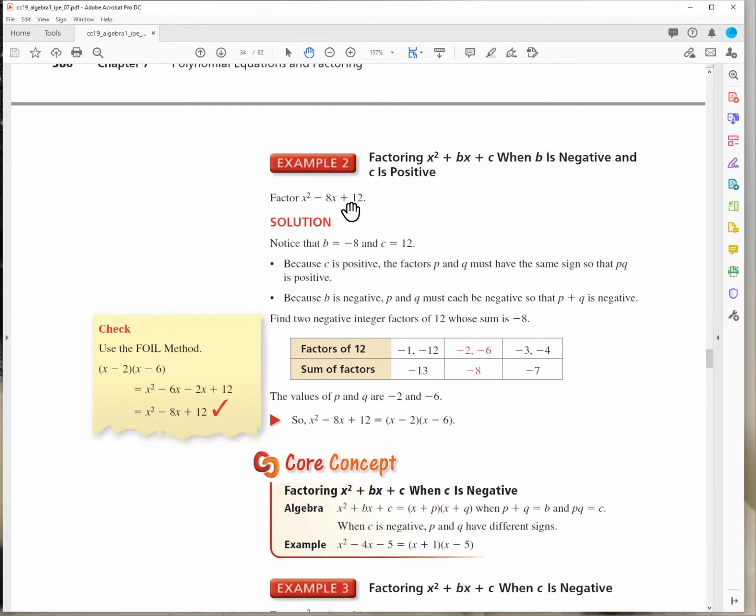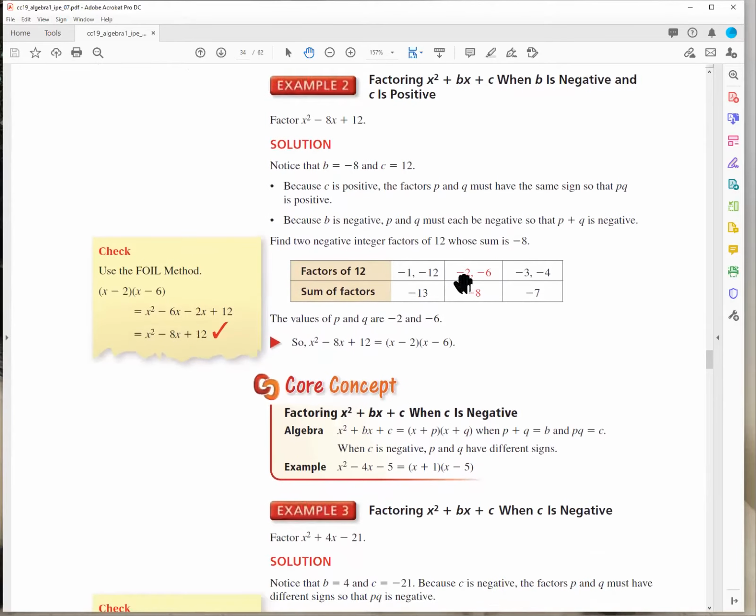And here's the problem we just did. The same method's always going to work. You're always looking at the leftover term, the constant term, saying, what are the factors? Which ones add up to negative 8? And in this one, you want to pick -2 and -6, multiply to 12, and add up to -8.